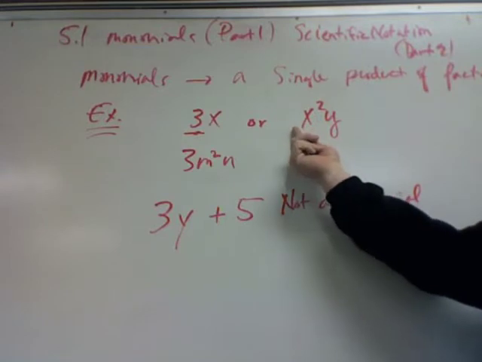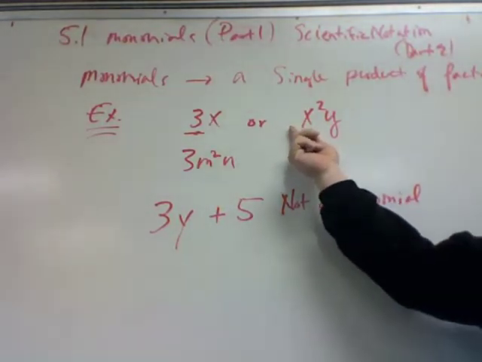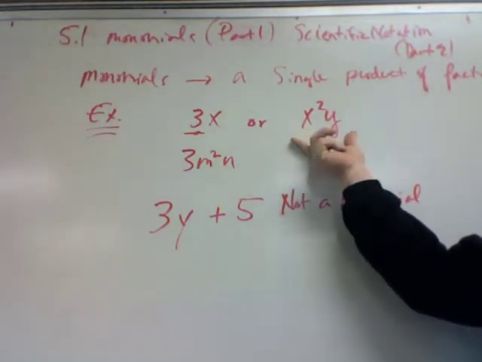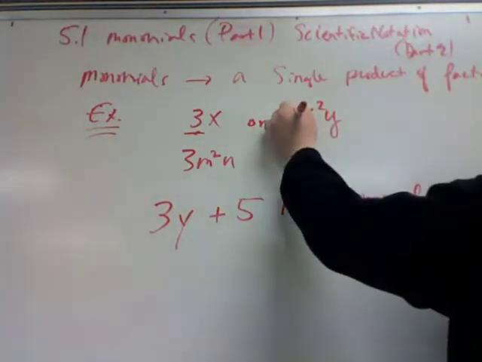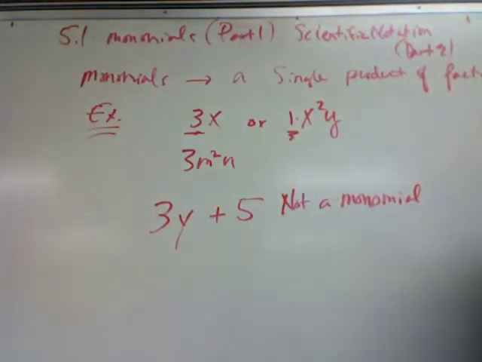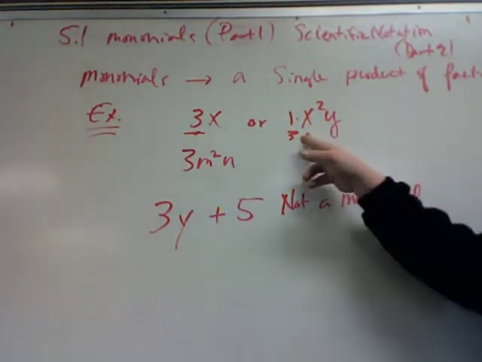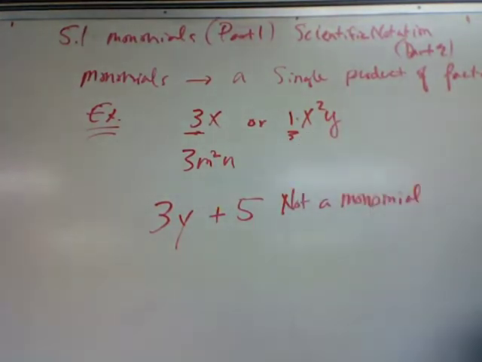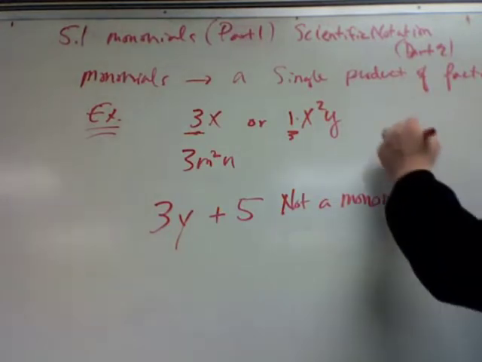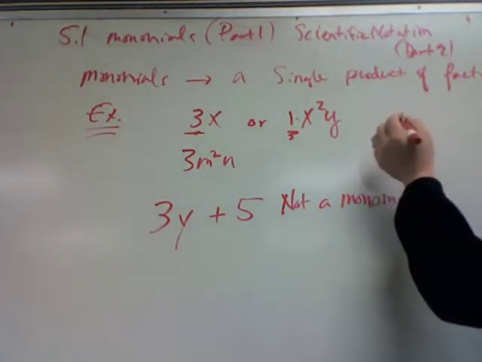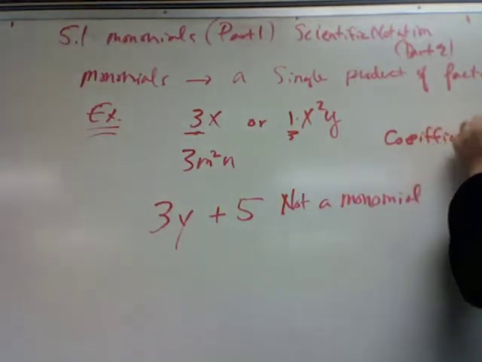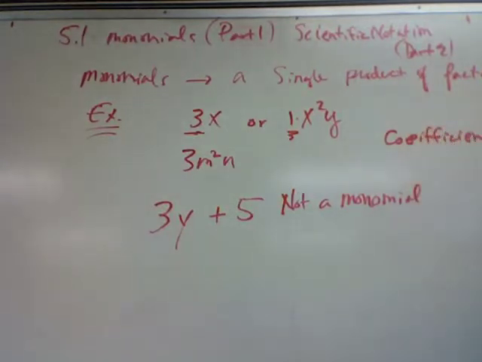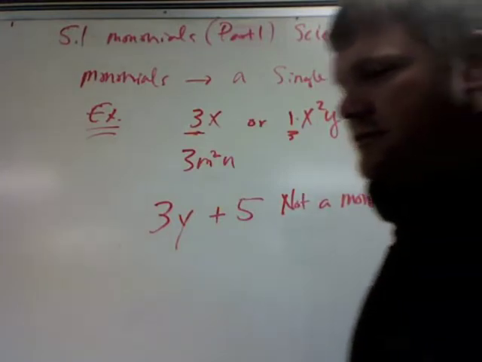There's no number out front. We don't show a 1 because anything times 1 is just that thing. So there is a 1 here, but we don't show it. The coefficient here is 1.